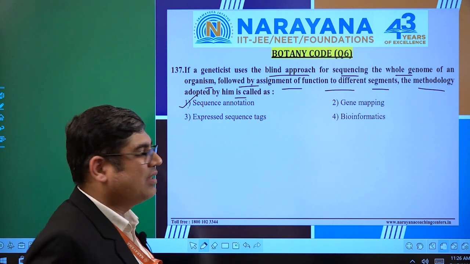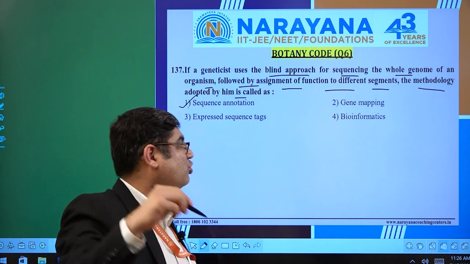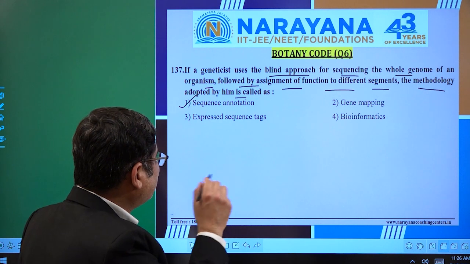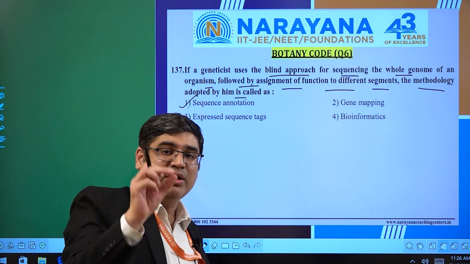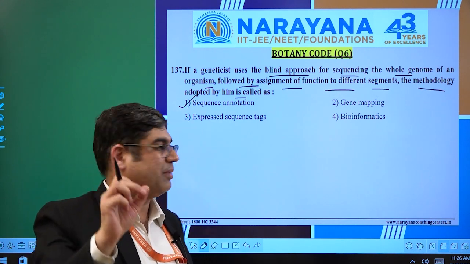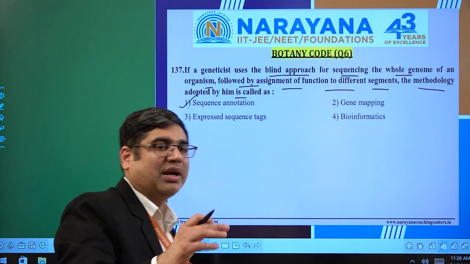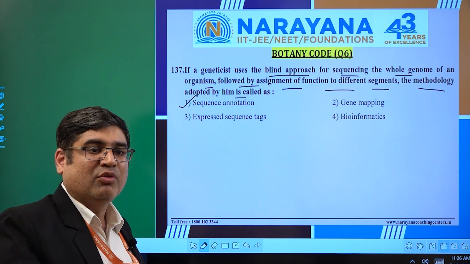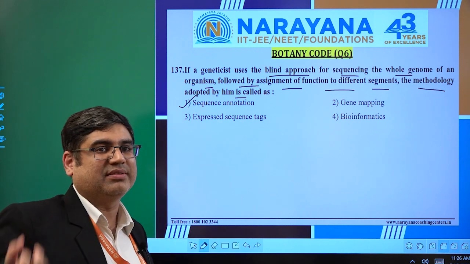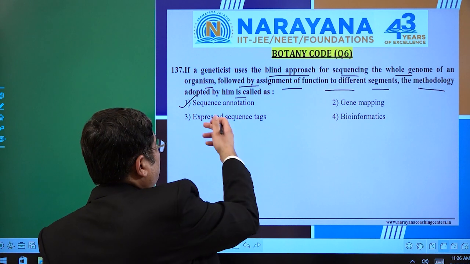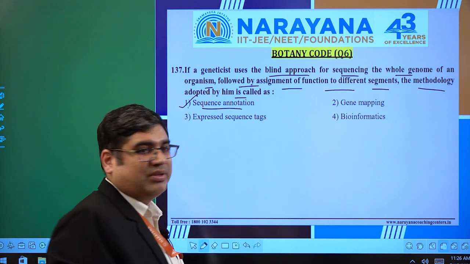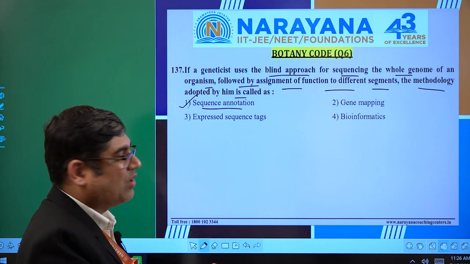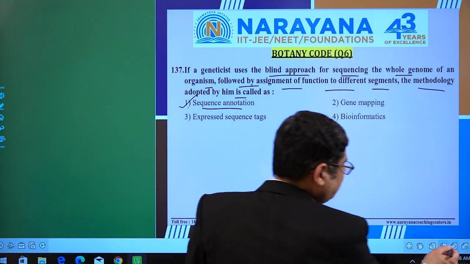Gene mapping is basically identifying the gene on the chromosome, and expressed sequence tag is in relation with a specific part. Bioinformatics deals with the human genome or other organisms like non-human models, after all the sequencing is done. So in this question, the blind approach is simply sequence annotation. So option first would be correct. Let's move on to the next.